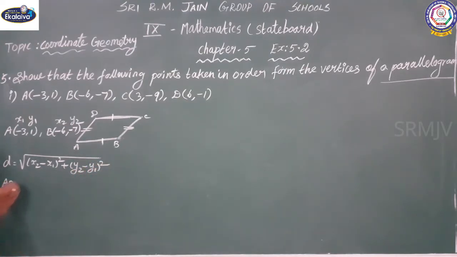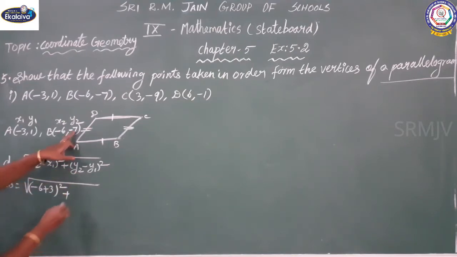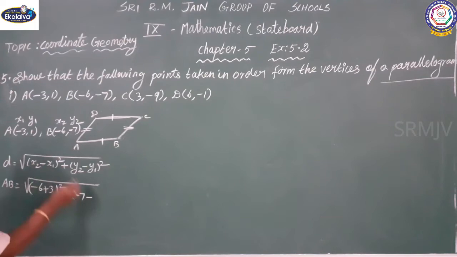So AB equal to root of, so x2 minus 6 and minus x1 minus 3. So minus into minus plus 3. Okay. So whole square plus y2 value minus 7. Here minus, here 1 is there. So 1 the whole square.